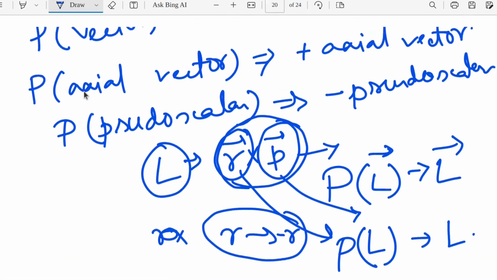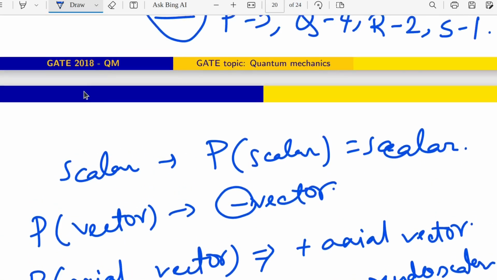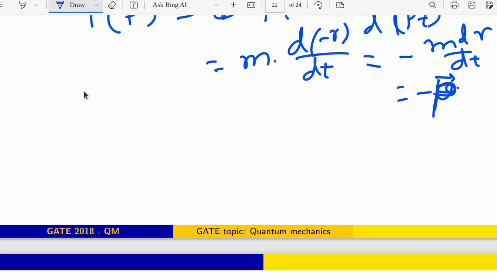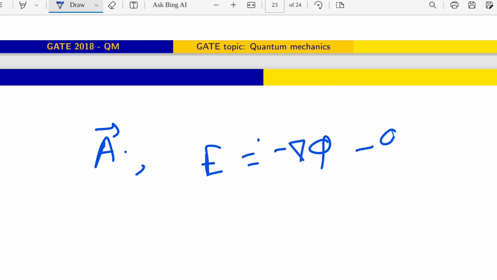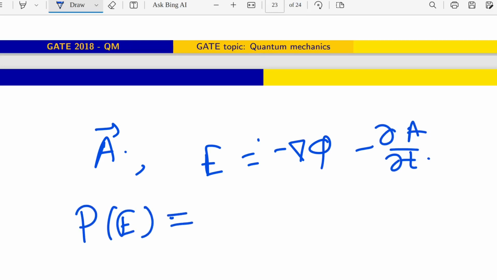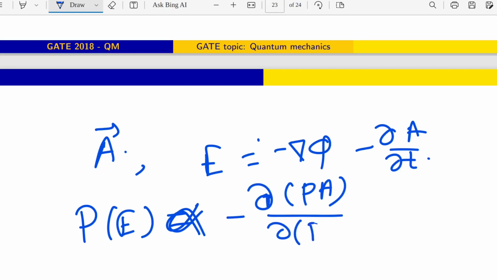And similarly, what one was left? A. So what will it be for A? From the Maxwell expression, E is minus del phi minus del A by del t, right? If I operate P on E, then it is del of P of A, del of P of t.